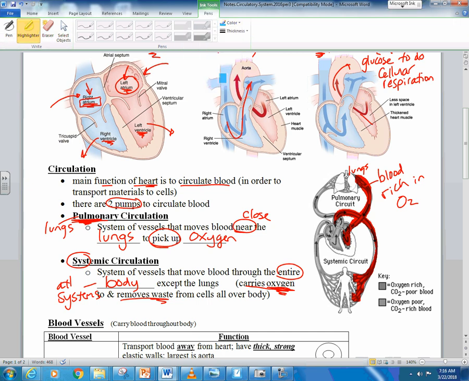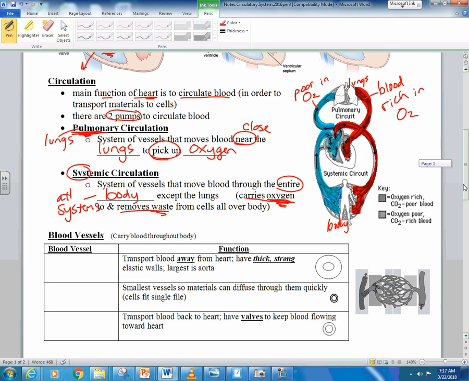The body is located here in the picture, and I'm going to color this side blue because this blood right here is very poor in oxygen. And the reason that this blood here is poor in oxygen is because the blood had come from the body, and the body used up all that oxygen.